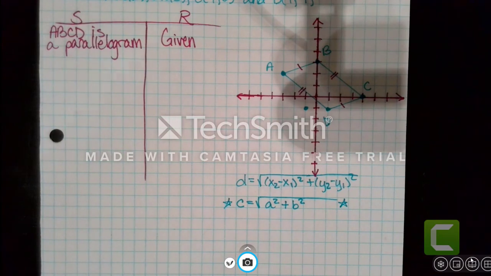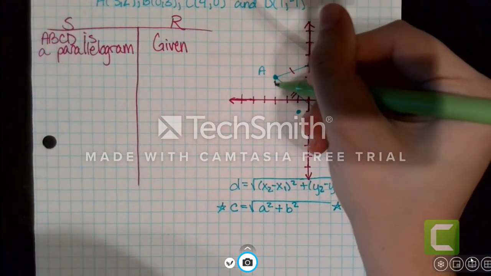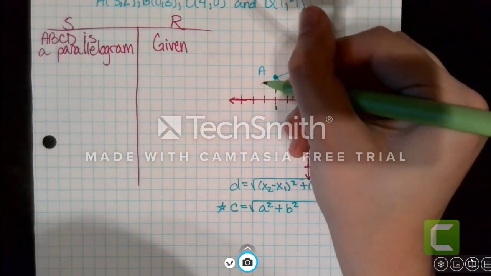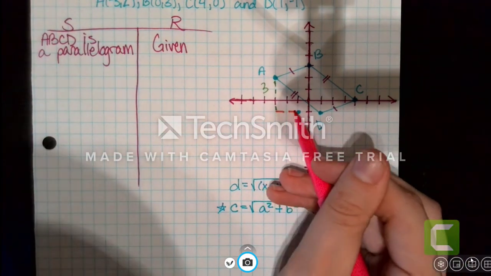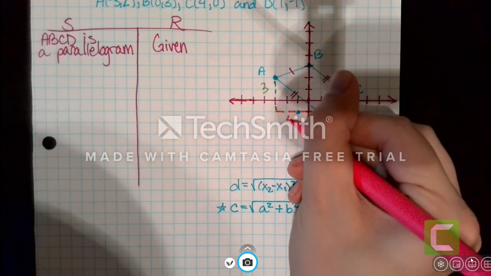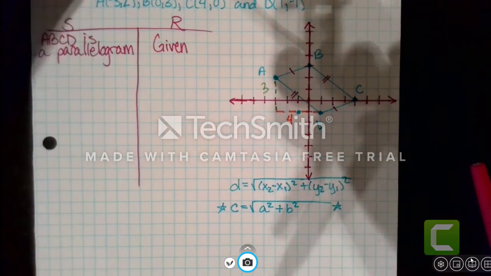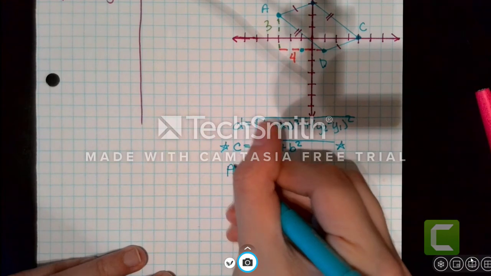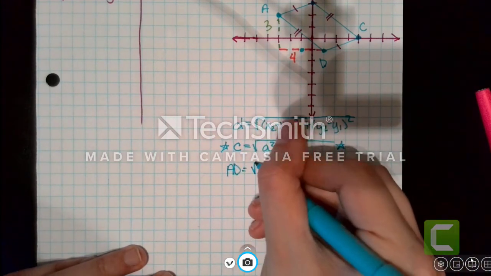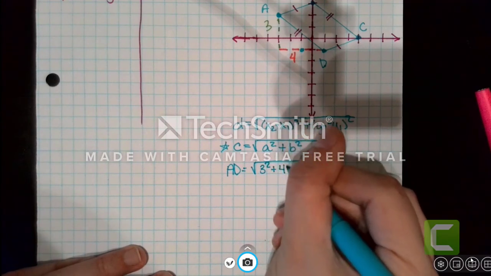So let's start with this side for AD. AD has a vertical height of 3, and it has a base length of 4. So to plug it back in, that means that side AD is equal to the square root of 3 squared plus 4 squared.